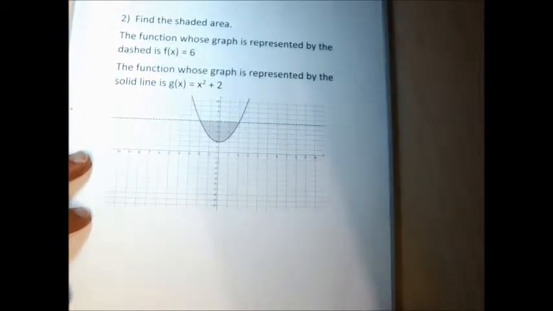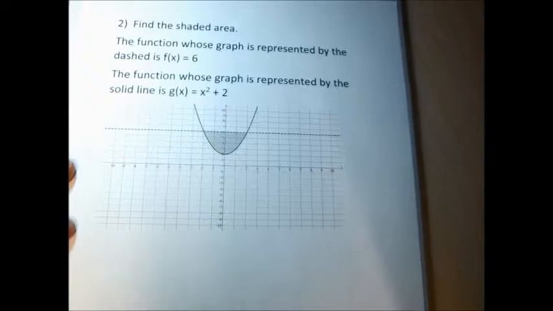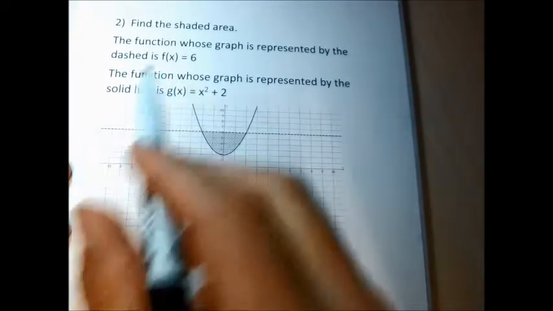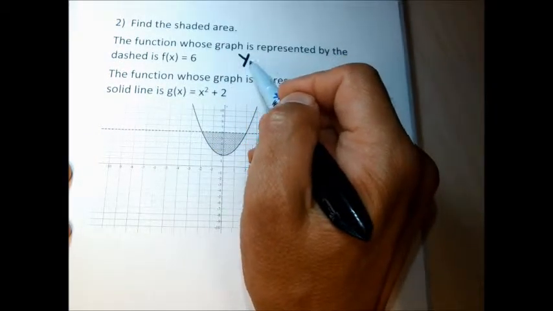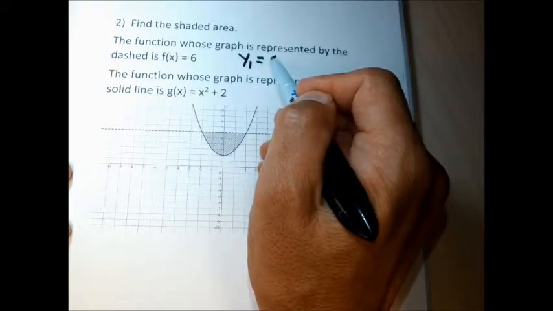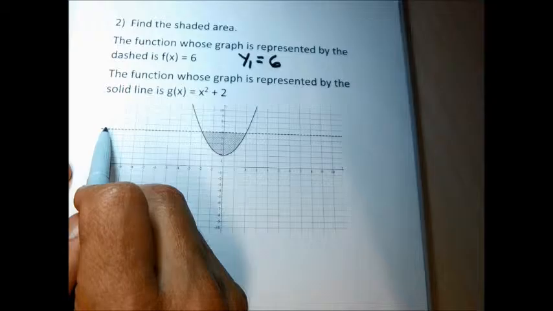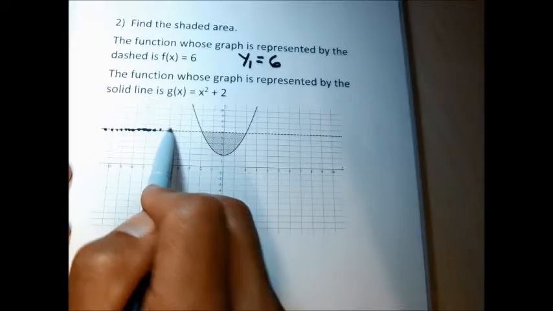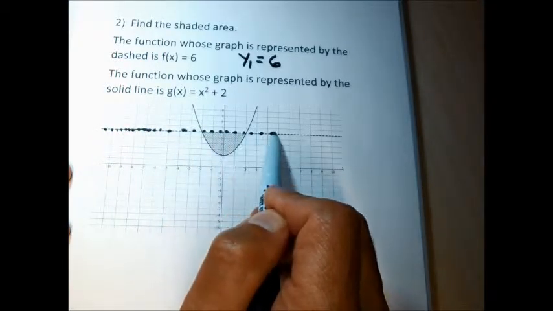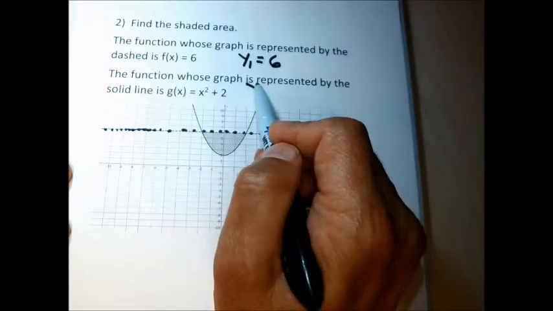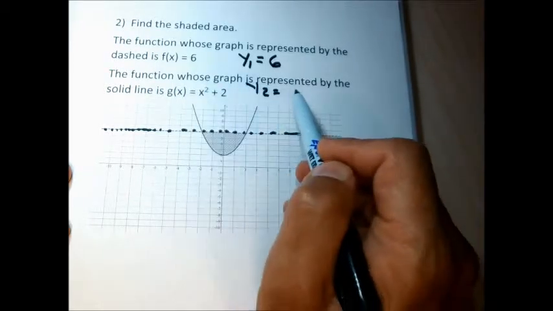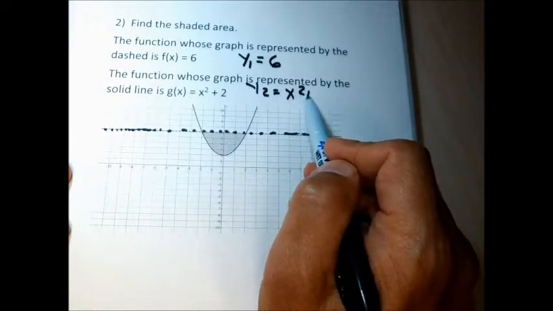So I'm going to do number 2, and then after I do number 2, you should be able to do number 1. Here's my y1. My y1 is the function that's y1 equal to 6. So it's just a horizontal line that goes through 6. And my y2 is the x squared plus 2 parabola.